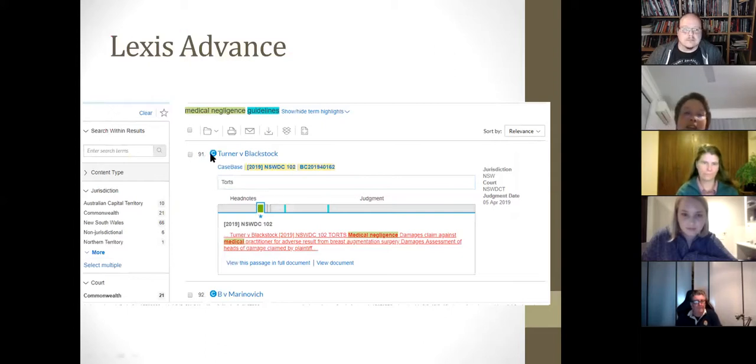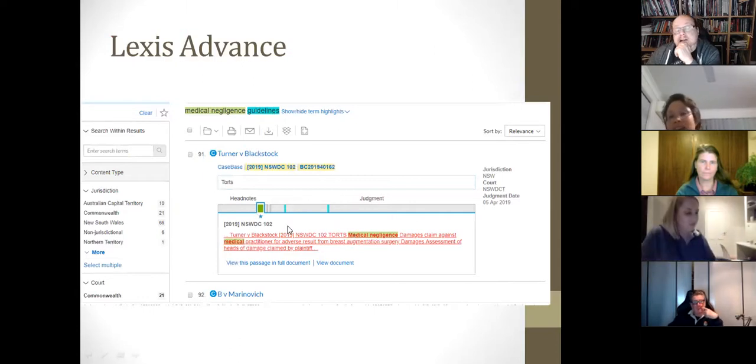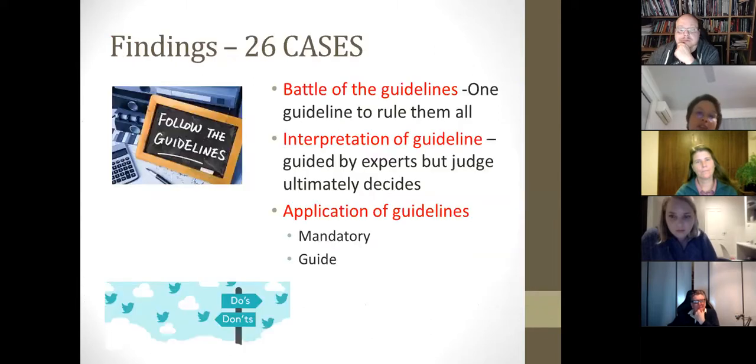If you search medical negligence and guidelines, they present you with a whole page full of items, and you can see the green ones is where medical negligence features within the case, and the blue lines are where guidelines feature within the case. And on the search result page, you can just drag this across and it will show you the part where the guideline appears. And then you can decide for yourself whether you really want to open that document in order to read it. So that was very useful.